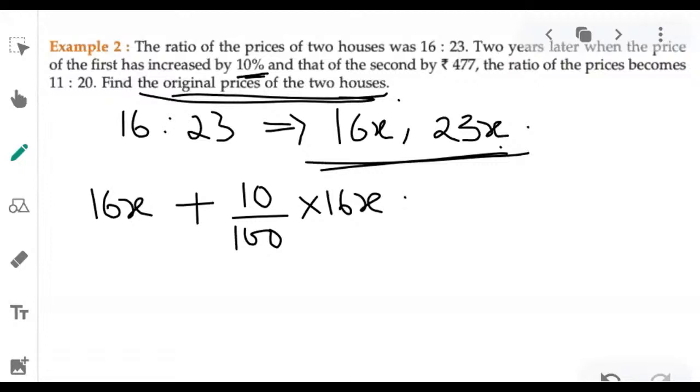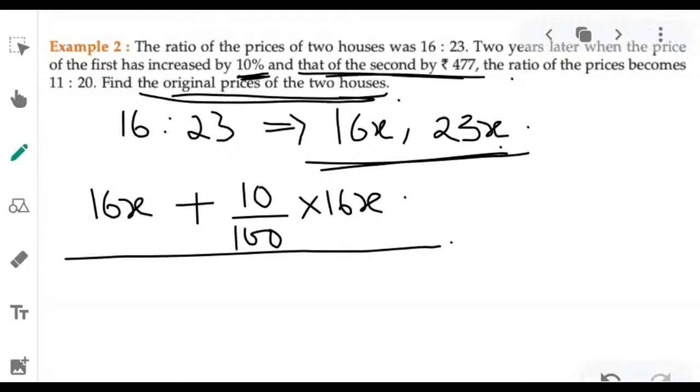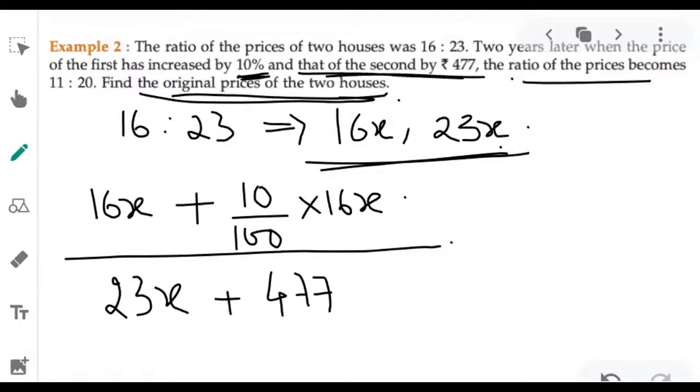So the price of the first house increased by 10% and that of the second increased by 477. So 23x plus 477. When this happened, the ratio of these new prices became 11:20. Right? Is this the equation that we need?